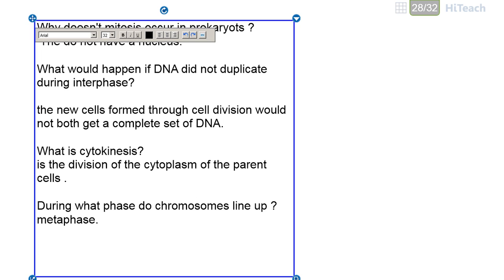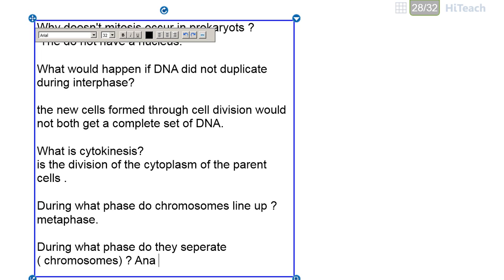The other question now: during what phase do they separate? I'm asking about chromosomes. When the sister chromatids start to separate from each other, which is in anaphase. The answer here is anaphase.